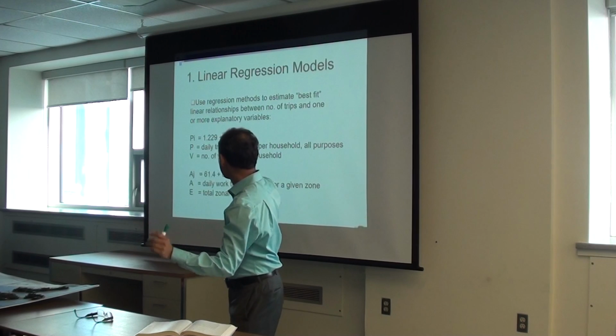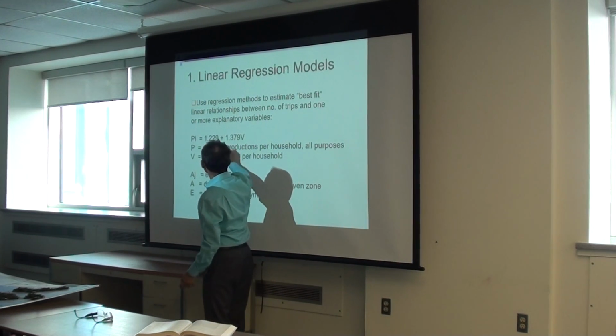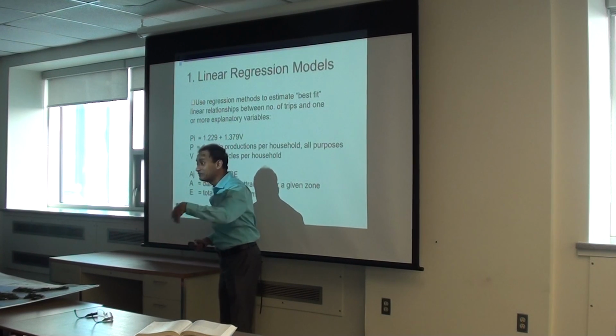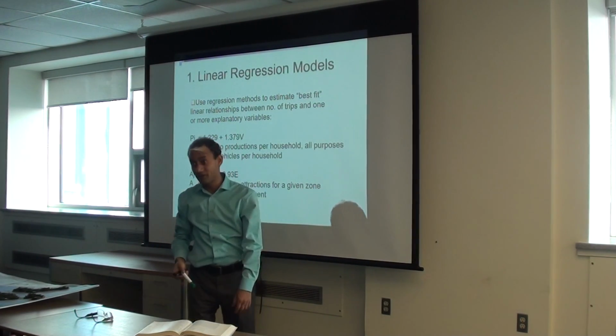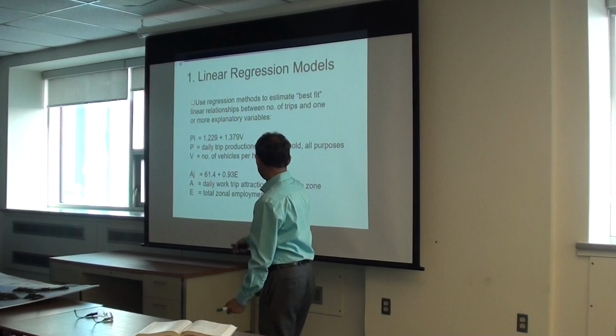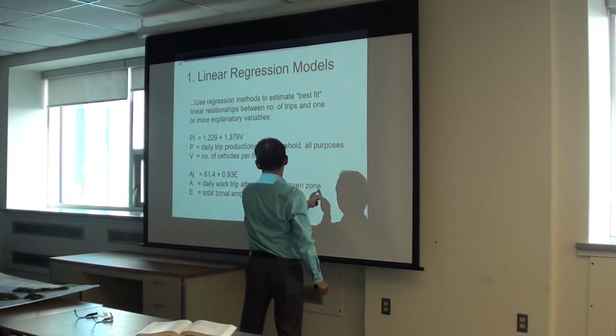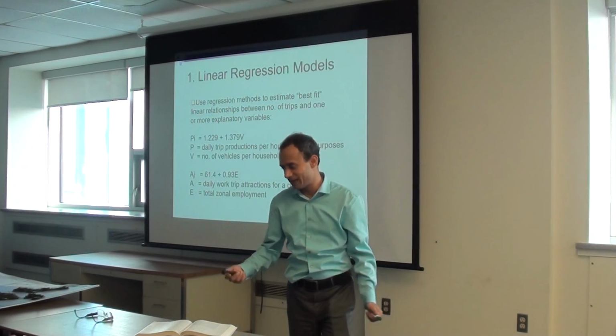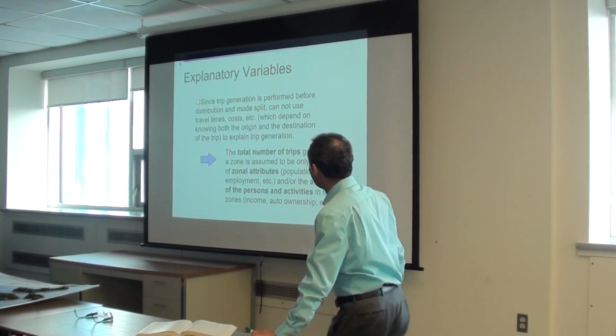I'm just putting it so that there is a constant and a variable. Whatever variable we choose, we have to find out from the data. Daily work trip attractions for a given zone is total zonal employment. This is just an example.